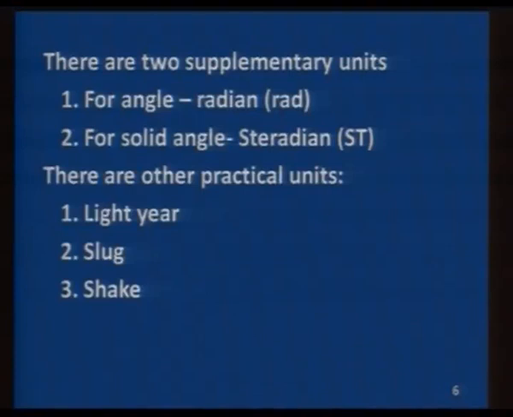Practical units are, for example, light year, angstrom, parsec. These units are used to make the measurement more and more convenient. If we are taking a large measurement, then we should select large units. If we are taking small measurements, we should take smaller units.